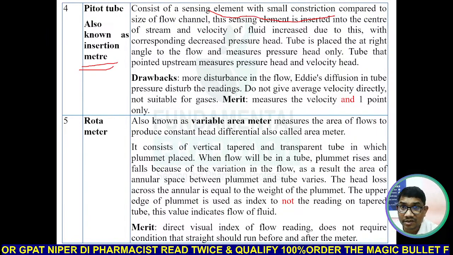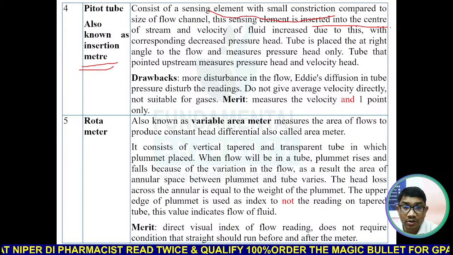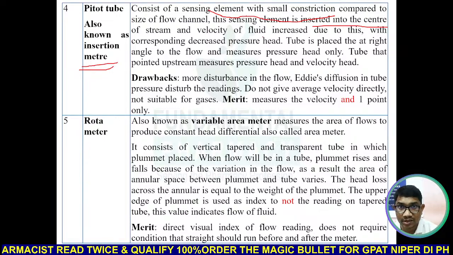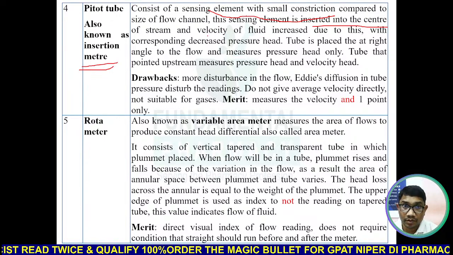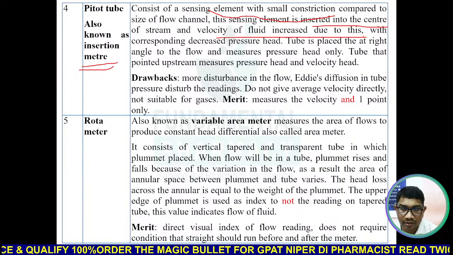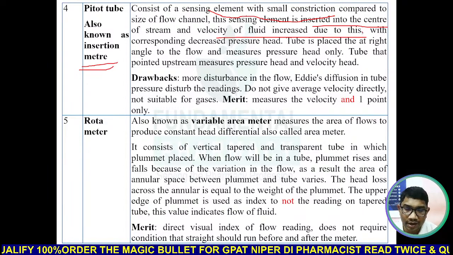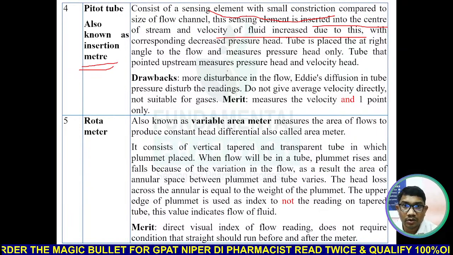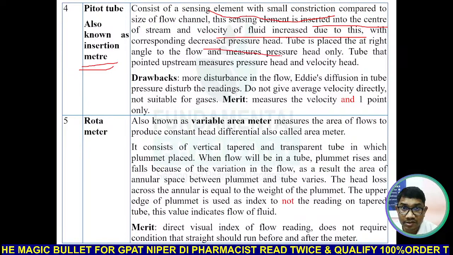This sensing element is inserted into the center of the stream, and the velocity of fluid is increased due to this. When the sensing element, that throat, is inserted, due to that the velocity of fluid is increased, which corresponds to a decrease in the pressure.